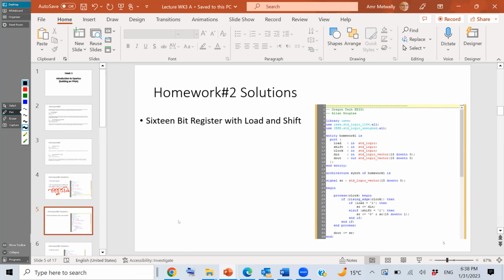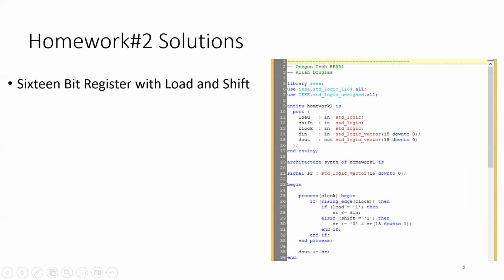This is my program, as you can see it in here. What do we have? Load. You can see here, DIN 15 to 0, that's 16-bit. And the output also. And this is my shift register, shift right.